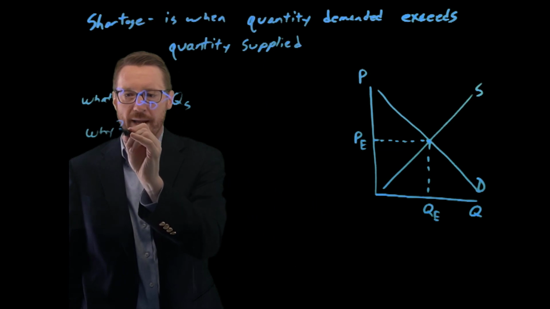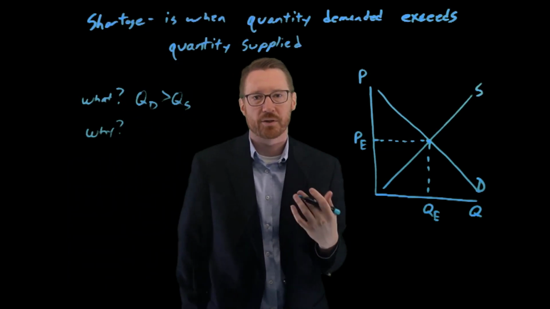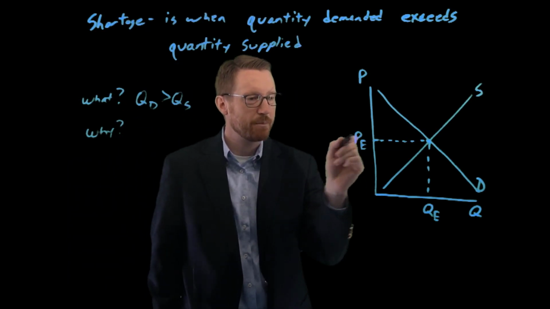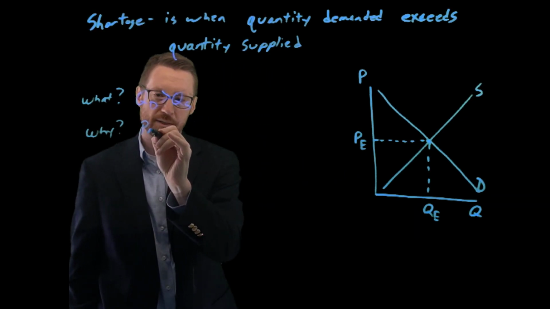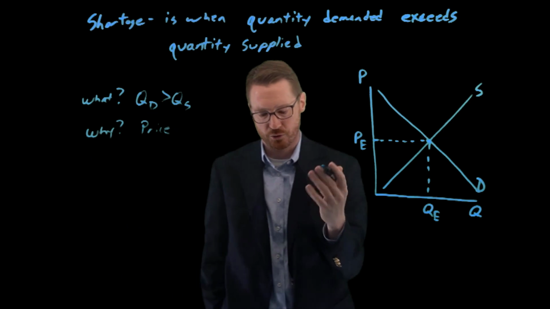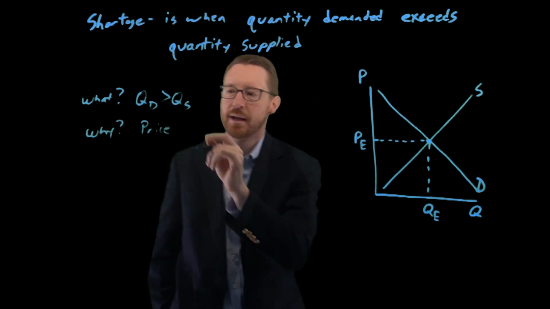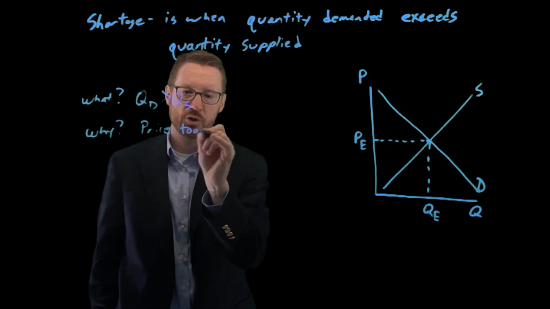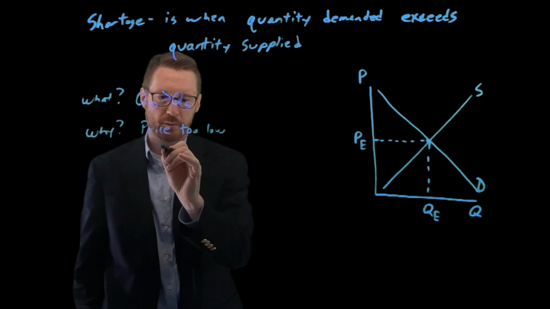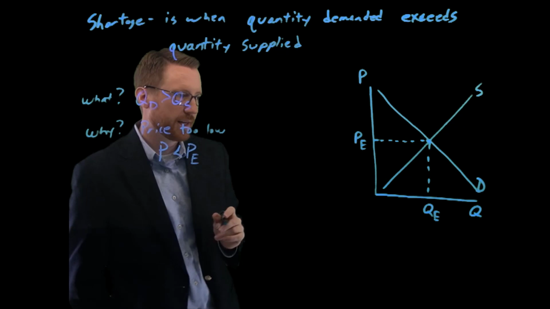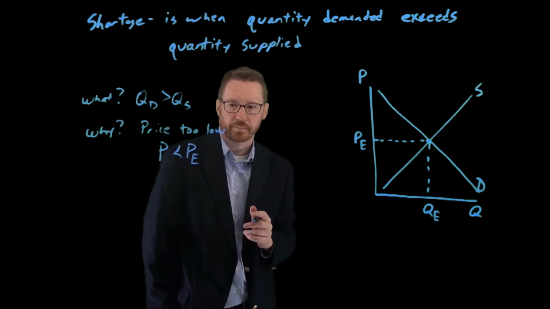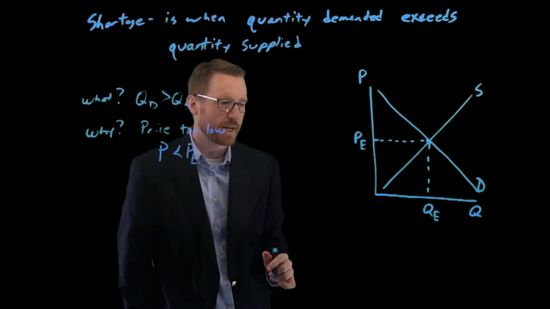Our why must be a story about price not being equal to the equilibrium price. When we have a shortage, in the story we told of Black Friday, price is too low, or price is less than the equilibrium price. So what does that look like in our diagram?